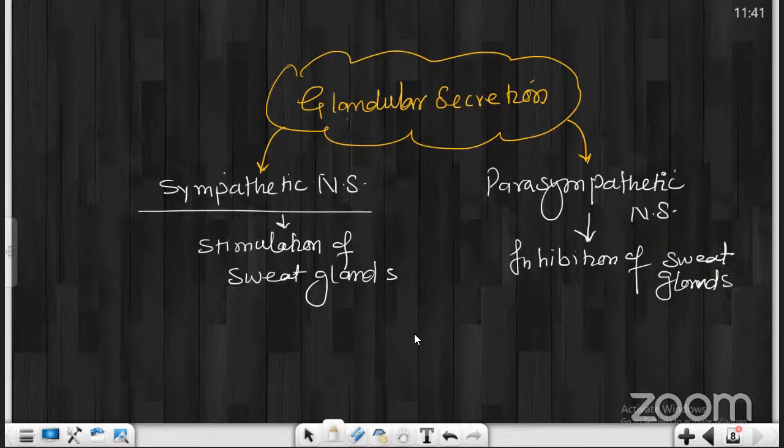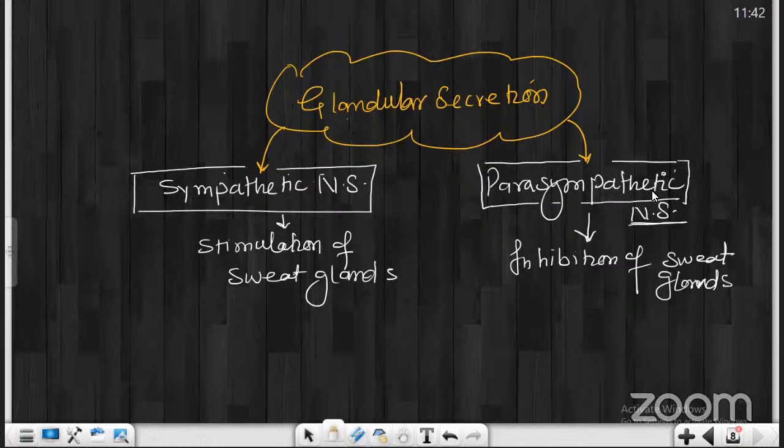So when perspiration and sweating take place, it is under the influence of the sympathetic nervous system. When you are perspiring more and more, when the sweat gland is secreting more, that means it is stimulated by the sympathetic nervous system.